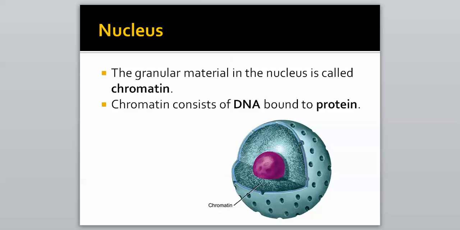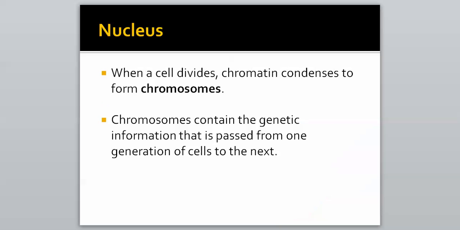So within the nucleus, we have this granular material, and it's known as chromatin. Chromatin consists of DNA bound to protein. So chromatin is just this big, thick mass. And we're going to talk more in the next slide about what happens when the DNA comes away from that protein. We're going to have something called chromosomes.